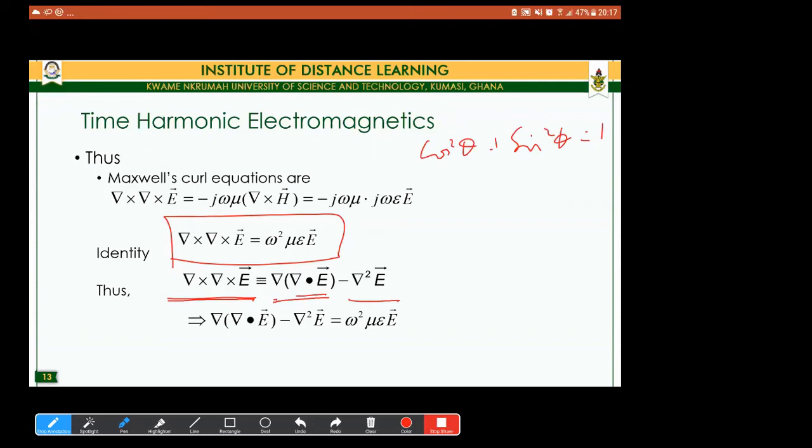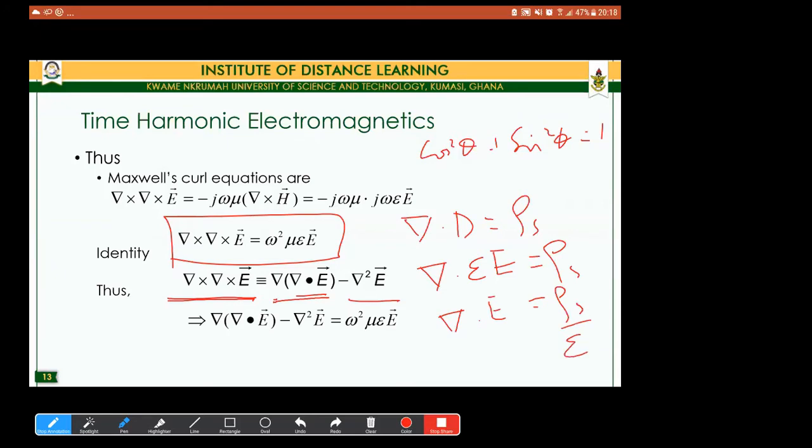Now, we are talking about a source-free field. If it is a source-free field, then we know that the divergence of D equals rho s. Now, if you represent D by epsilon E, then you have divergence of epsilon E equals rho s, or the divergence of E equals rho s over epsilon.